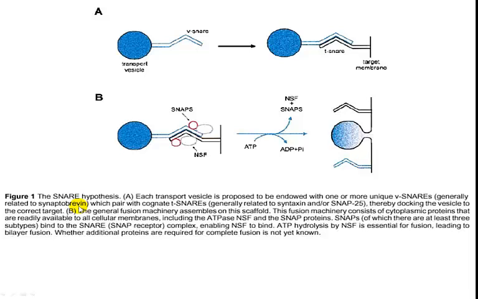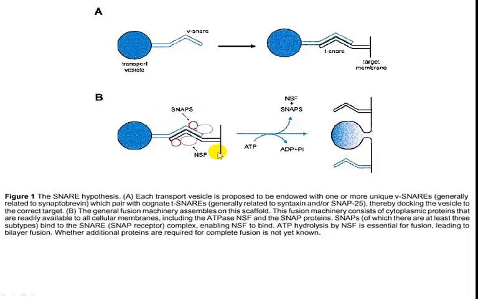So there are many different types of these. And they pair with the cognate t-SNAREs, generally related to syntaxin and/or SNAP25, thereby docking the vesicle to the correct target. The general fusion machinery assembles on this scaffold, shown in B.